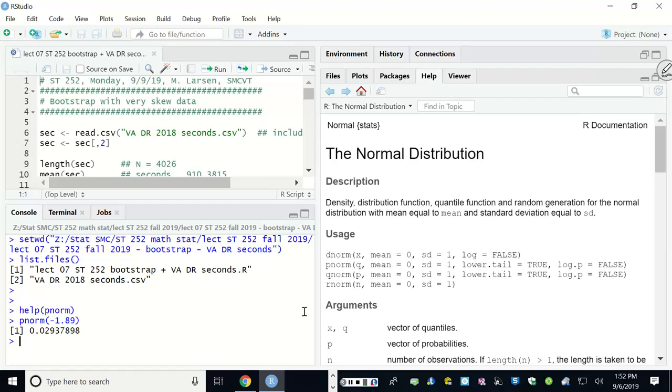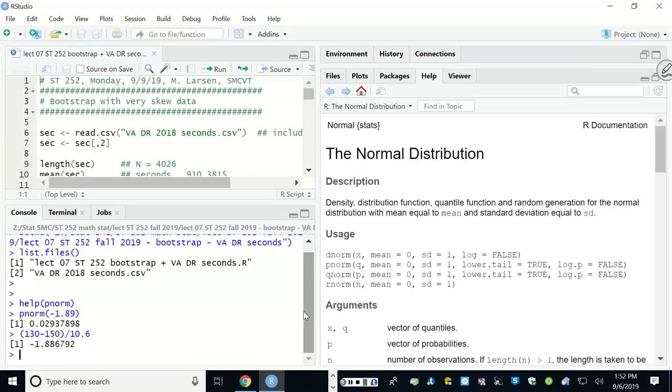I put 0.296, so maybe I copied it wrong from my notes. But anyway, 130 minus 150 divided by 10.6 is negative 1.89. So maybe it should have been 0.024 instead of 0.026. Either something's going on with rounding or something like that, but it's giving that tail area.